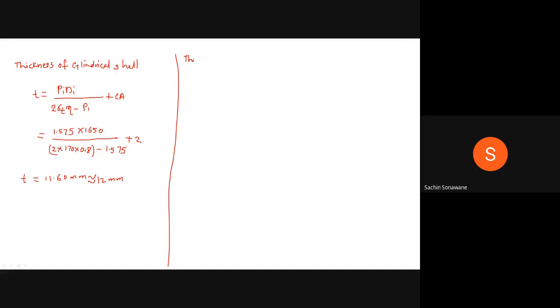Thickness of torispherical head, T is equal to 0.885 Pi into L divided by sigma T into eta minus 0.1 Pi, plus corrosion allowance.